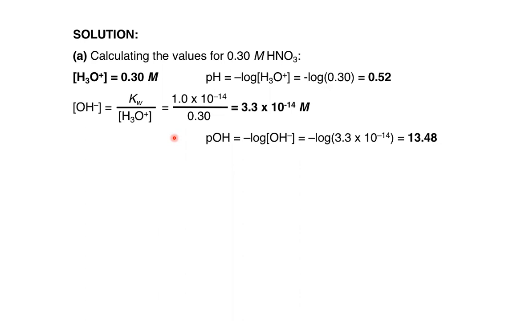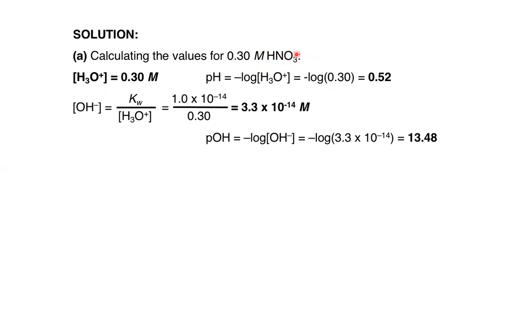And we were told that a difference of 2 or more between oxygens and hydrogens means that it is going to be a strong acid. So we can directly convert this 0.30 molar HNO3 to a hydronium concentration of 0.30 molar, because when this dissociates in water, it will give H plus, which is hydronium H3O plus, because it reacts with water, like in the auto-dissociation of water, and a nitrate ion. The nitrate ion is NO3 minus.